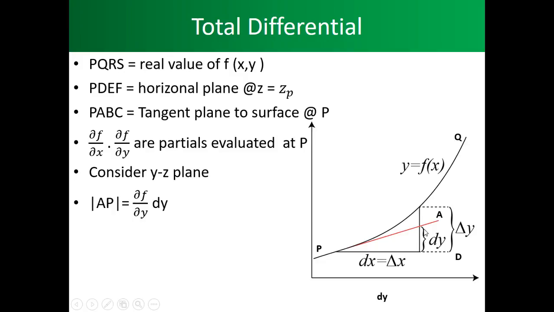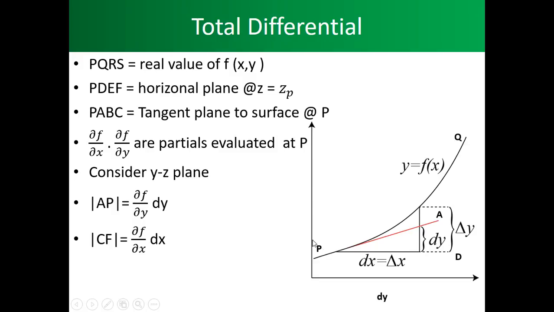So we see dy is not the change in y. It's not the same. We're using this because we're using this tangential. So this is only the magnitude of AP. That's all this is, AP. And we're using an approximation here.